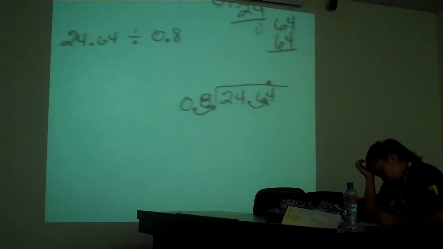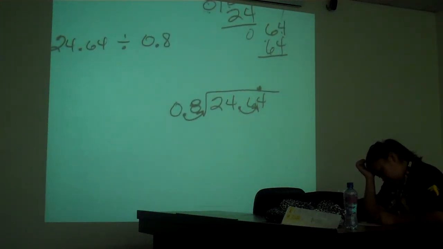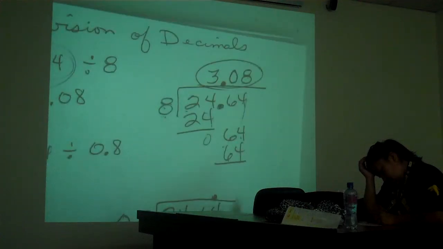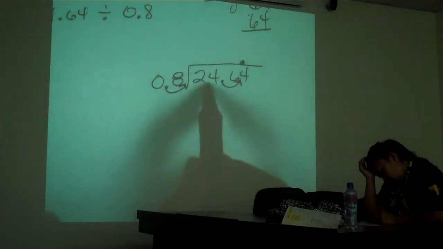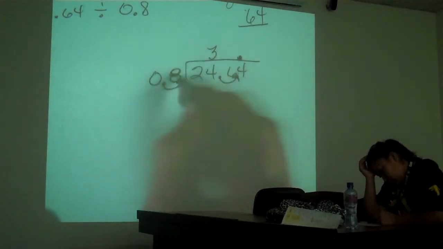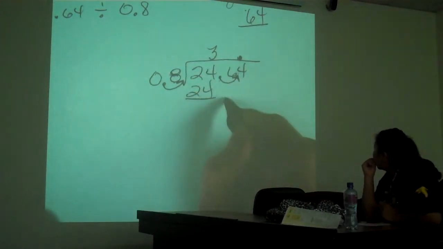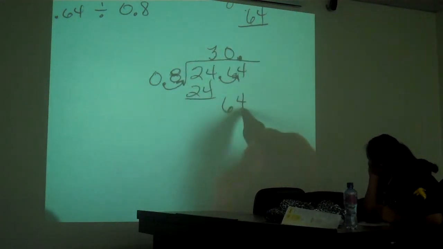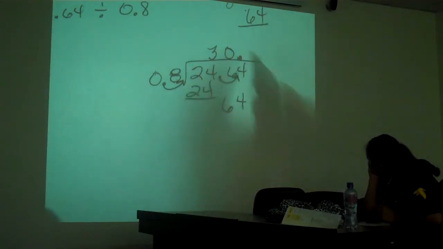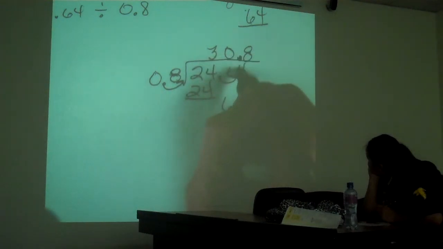We're going to still have the same numbers that we had on the one before. We'll still have 308 up there. Okay? So we still start with 3 right here. 3 times 8 is 24. Bring our 6 down, it's still 0. Bring our 4 down, that's 8 above the 4.